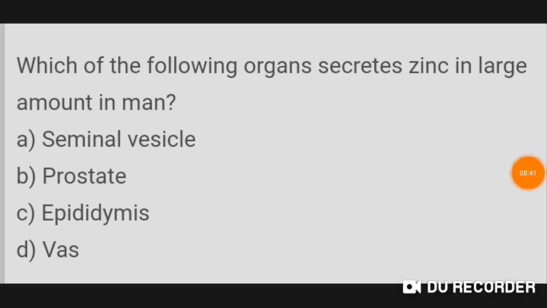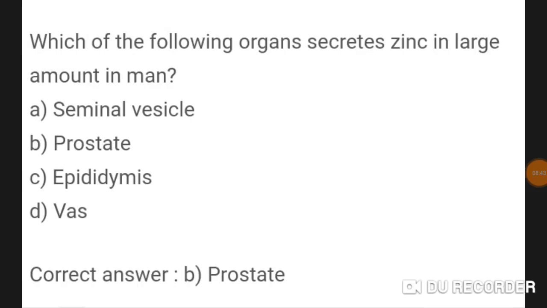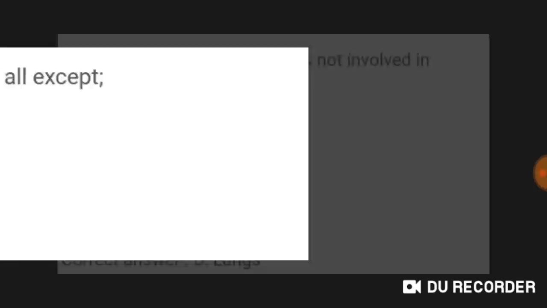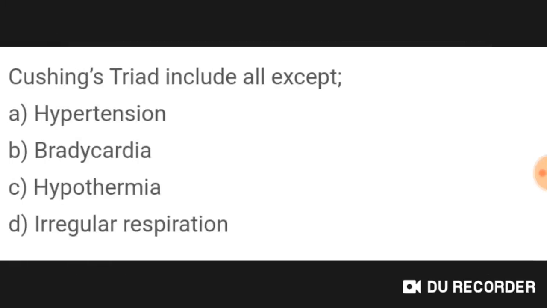Prostate. Which of the following organs is not involved in calcium homeostasis? Lungs. Cushing triad includes all except hypothermia.